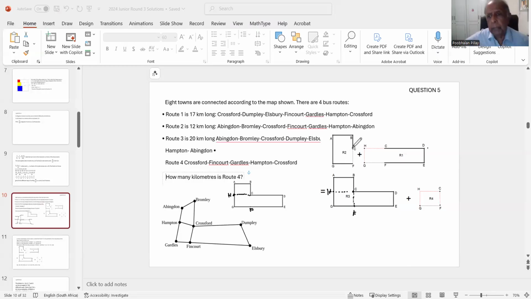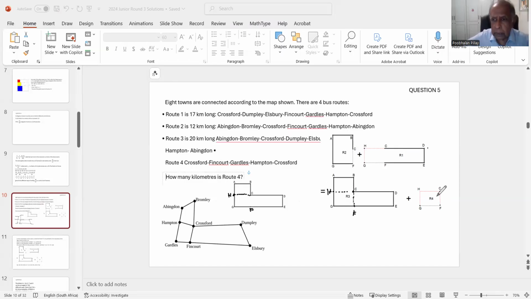Now, I told you I'll come back to this. So this is route 2, and this is route 1 right round, including these dotted lines. If you add these two routes, you will get these three dotted lines plus that one dotted line, which gives you this thing here. And that is precisely what we had for route 4, CFGHC.